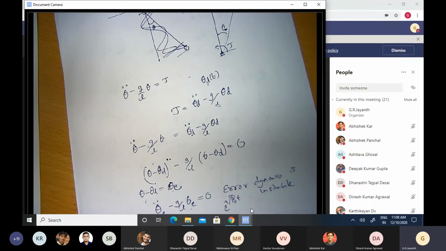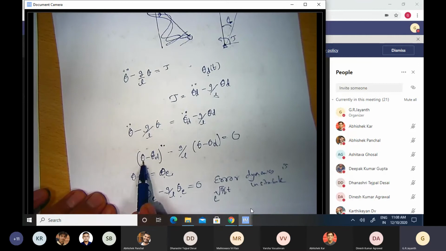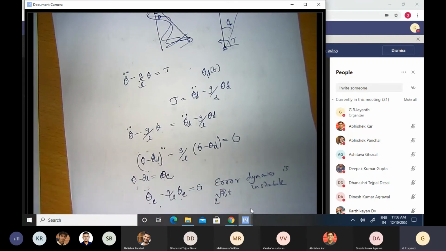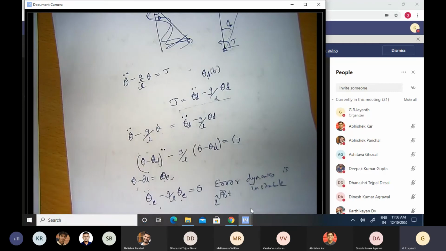So I will therefore not be able to accomplish my goal of getting theta to converge to theta d as time progresses using this particular control law. Any questions about it?